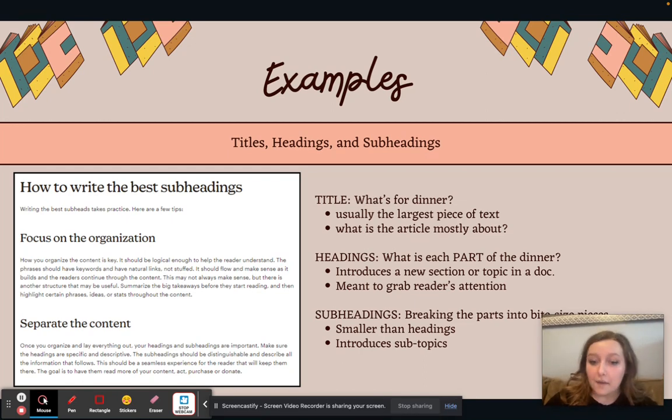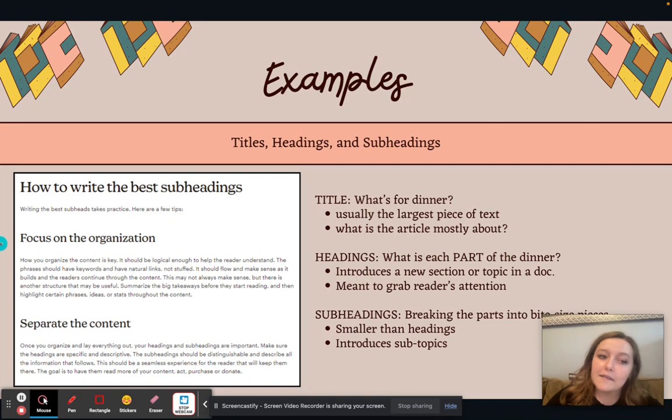And then you also have subheadings. These are even smaller. This is like breaking things down into bite-sized pieces. These are smaller than headings, size-wise, and they introduce more specific topics. So, for example, the title of this article was "What are subheads," right? This would be a heading. We break it into more pieces. I know this section is going to be about writing with subheadings.